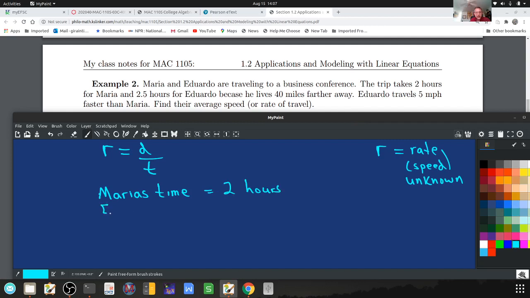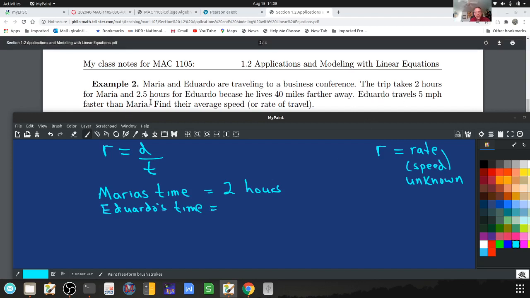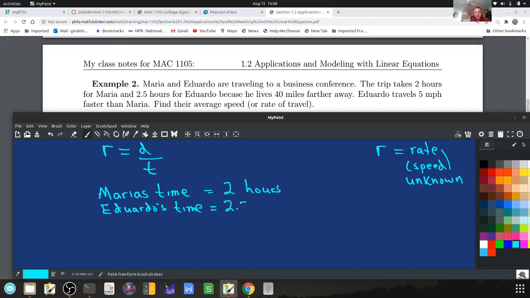And Eduardo's time. We're going to eventually put all of this in a table. It takes 2 hours for Maria and 2.5 hours for Eduardo, because he lives 40 miles further away.